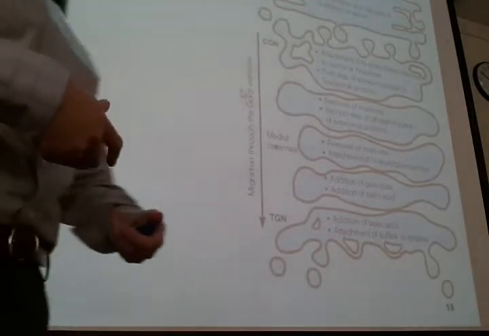So some things will pick up sulfate groups. A couple of good examples of this is a protein called mucin that's secreted by cells in your stomach called goblet cells. And mucin, as its name sort of suggests, is part of the mucus that coats your stomach and protects it from being destroyed by the stomach acid. So this particular mucin protein has a lot of sulfate groups attached to it, as it turns out.